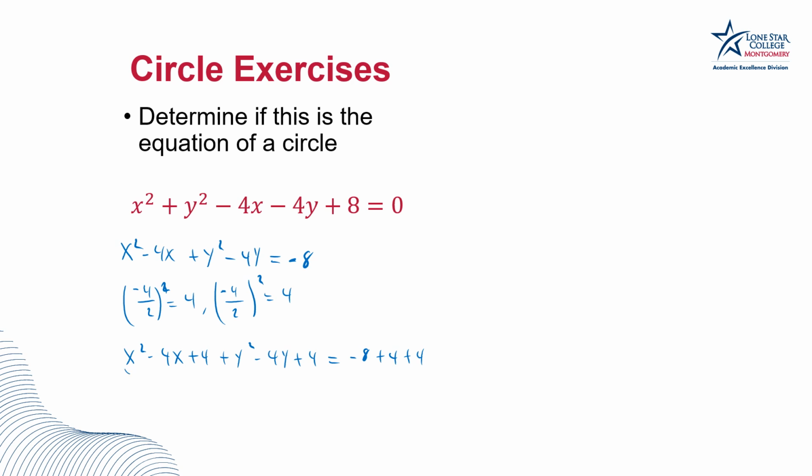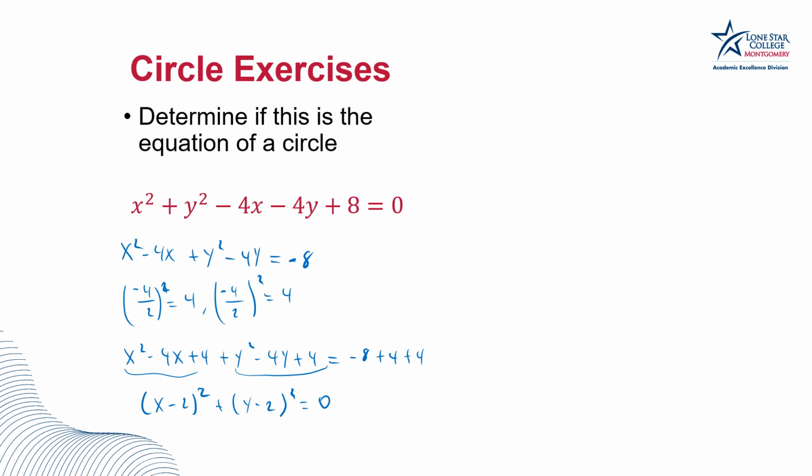So if we factor the x's and y's respectively, this should be x minus 2 squared plus y minus 2 squared. But what happens on the right here? Negative 8 plus 4 plus 4 is actually 0. So our equation is in center radius form.